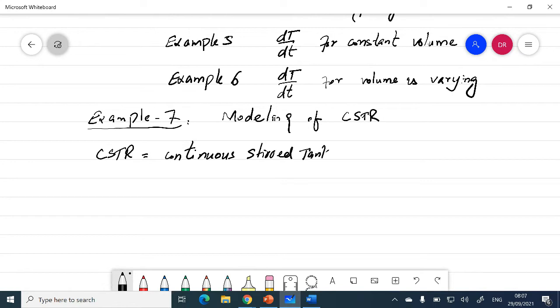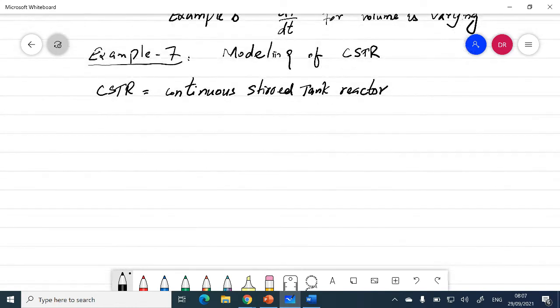The CSTR has widespread application in industry.